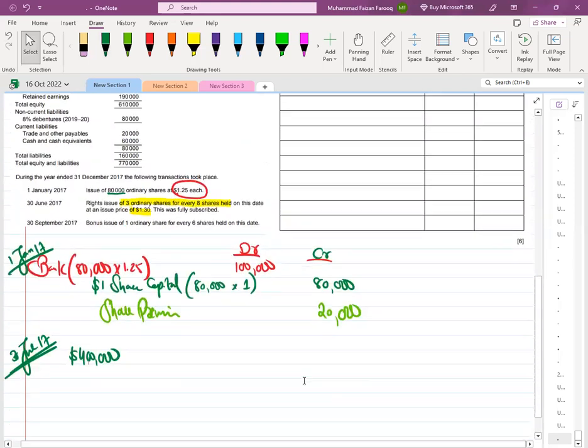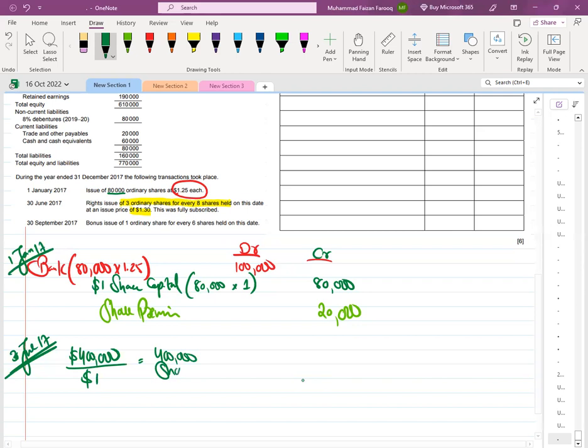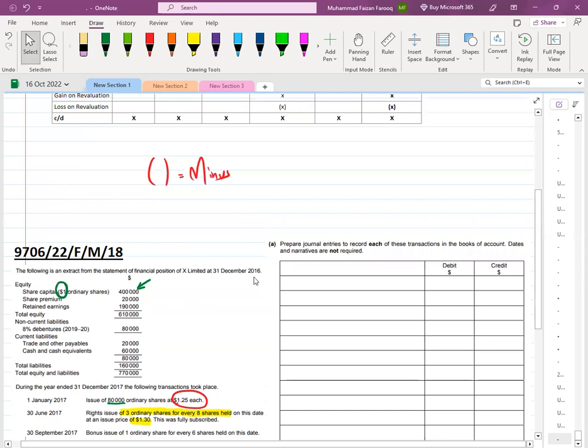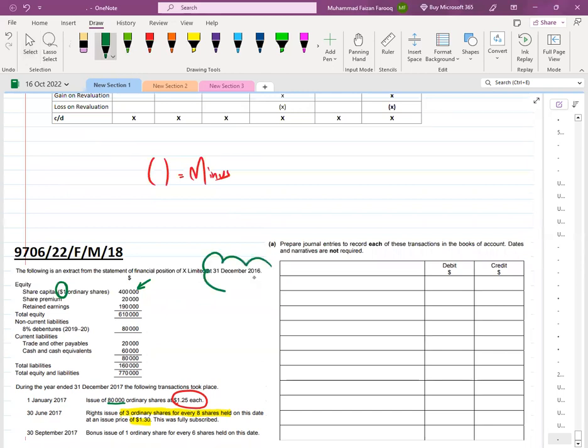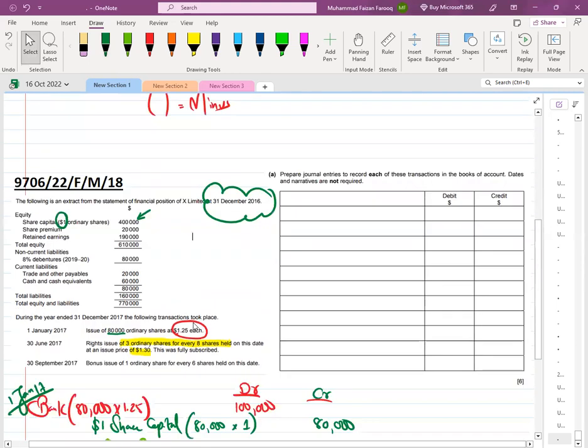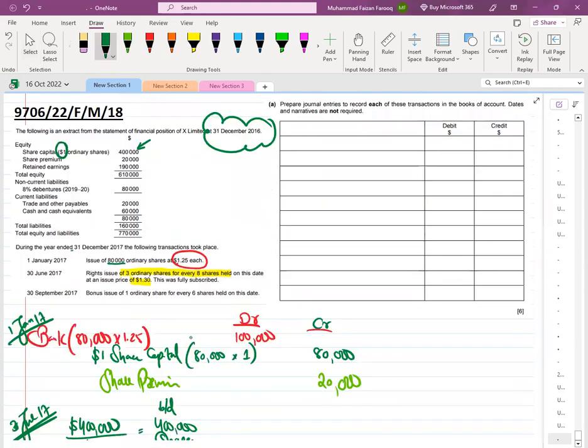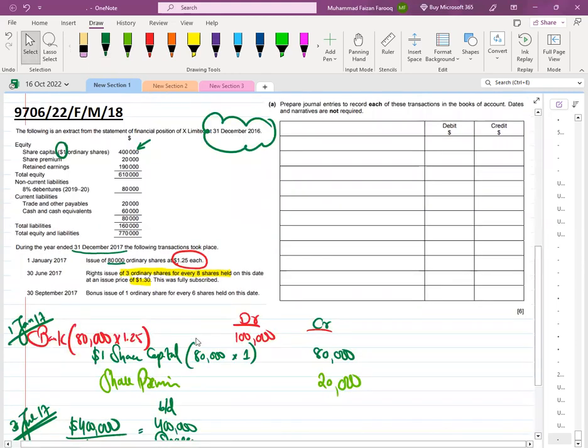Yes. And par value is $1. So the answer is the same, but now we get the number of shares. This is the opening number of shares, BD, because it's the previous year's closing, 31st December 2016, which is the opening of this year, 2017.